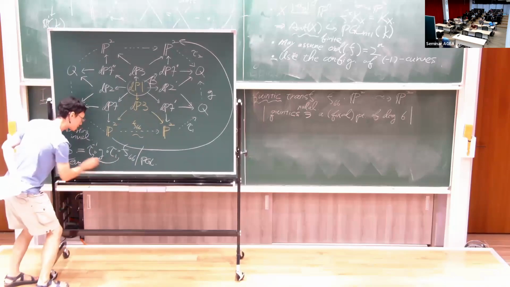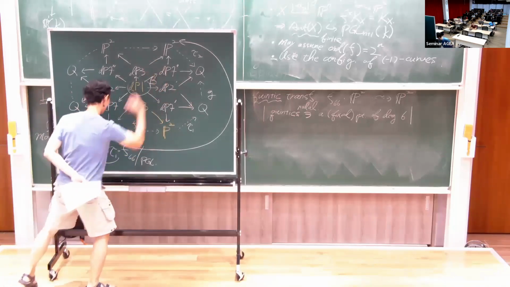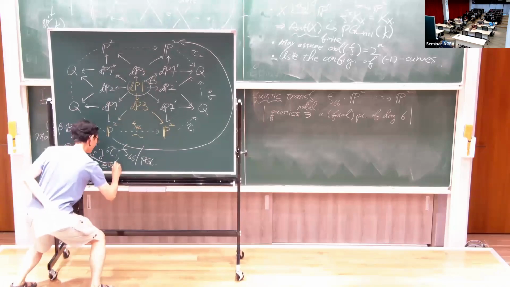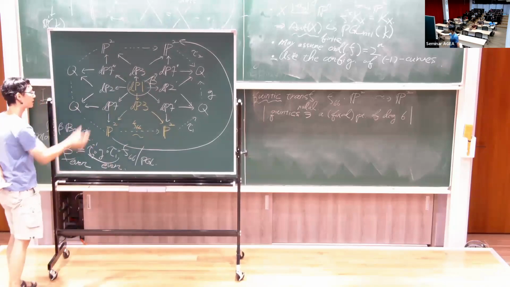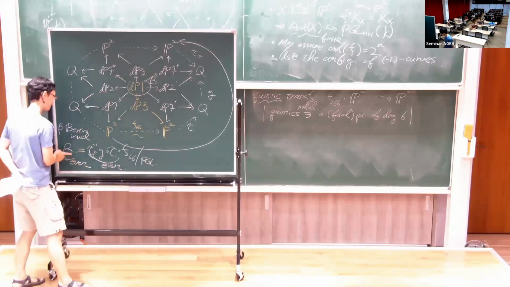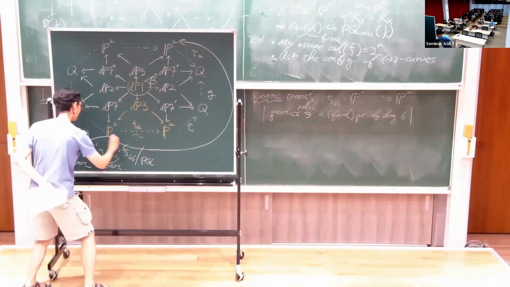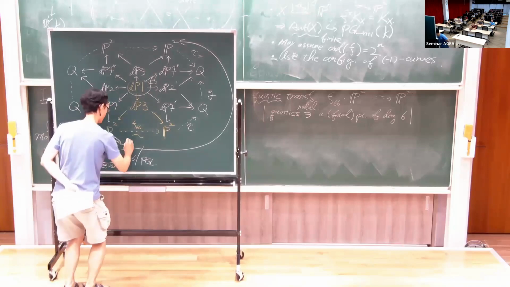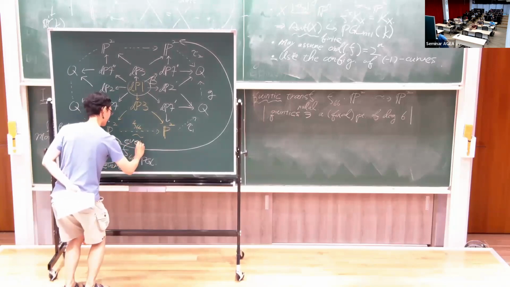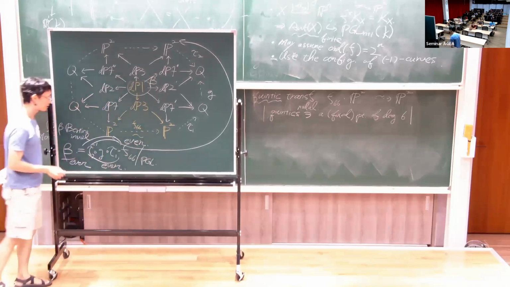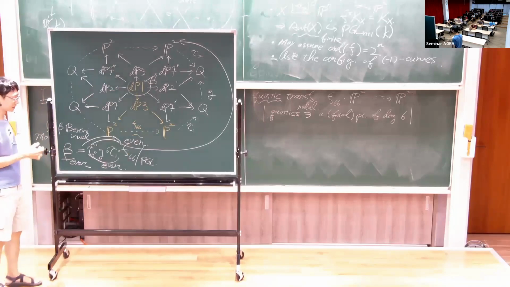And we also know that this guy is even. We know how to do that. And from this picture, because this is even, this has to be even. So this implies that F is also even. So we conclude that this quintic transformation induces only an even permutation, using a slightly more complicated argument.